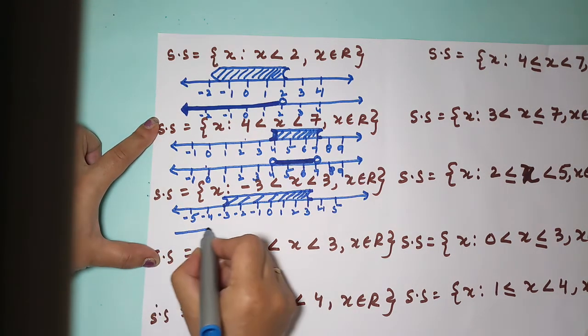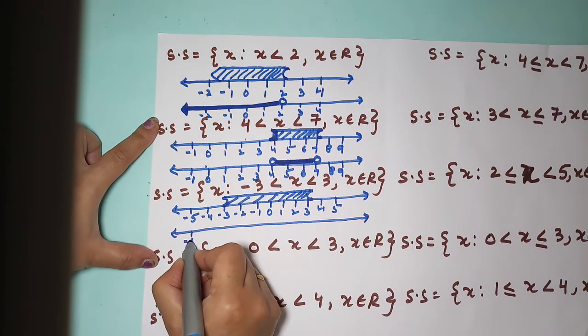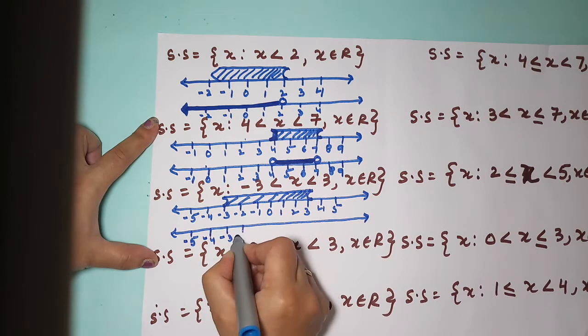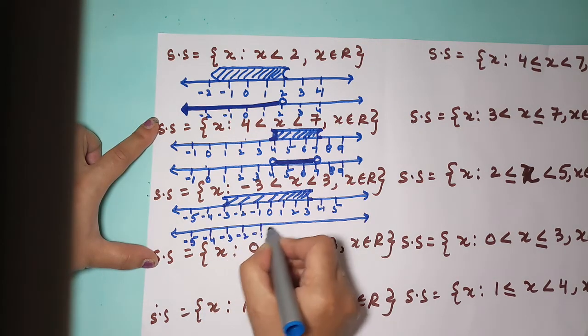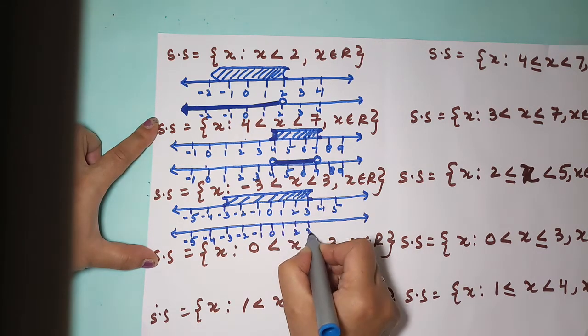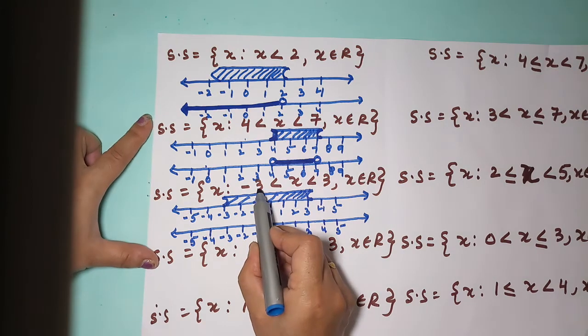So another method is, again, draw the number line with numbers written on it: 3, 4 and 5. We have to start from -3.